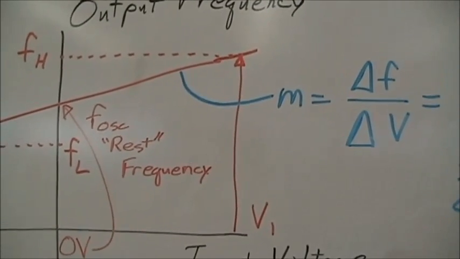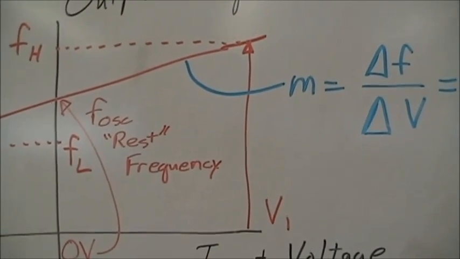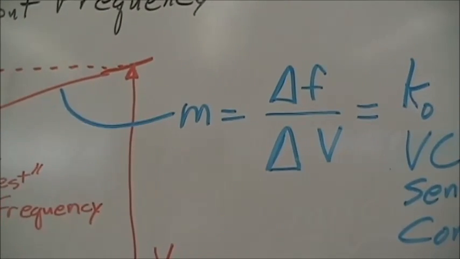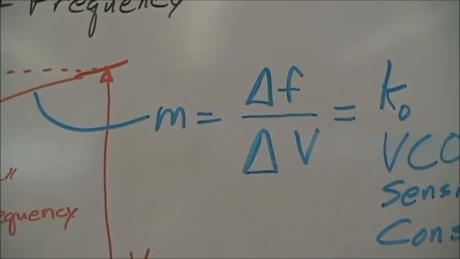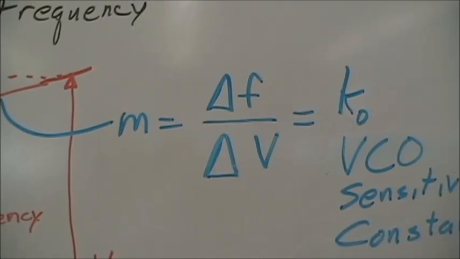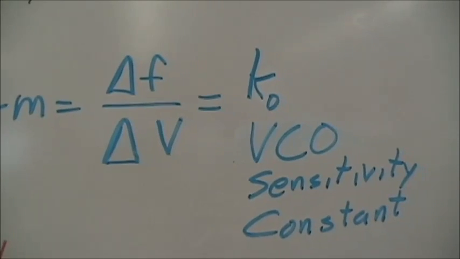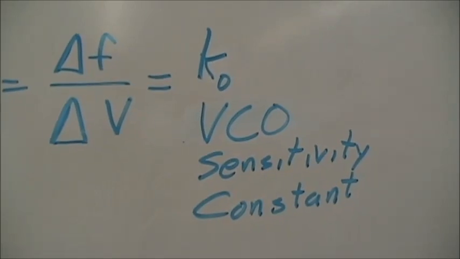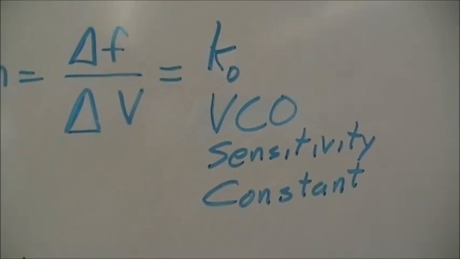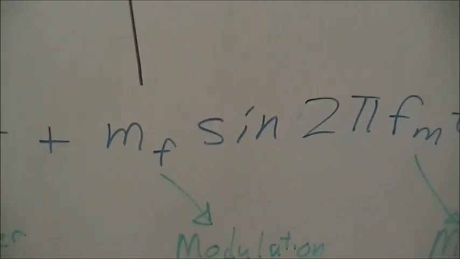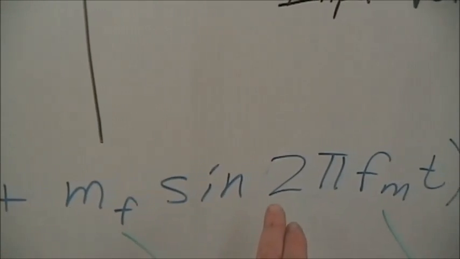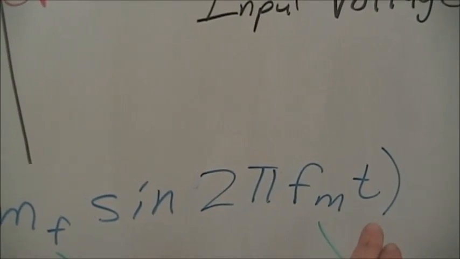Because the frequency out of the VCO, or the FM signal, must be related to the slope of the line, we know that the slope is the change in frequency over the change in voltage. This is given the term K_o, which is the VCO sensitivity constant. The actual frequency will be determined by the m_f sine 2 pi f_m t.